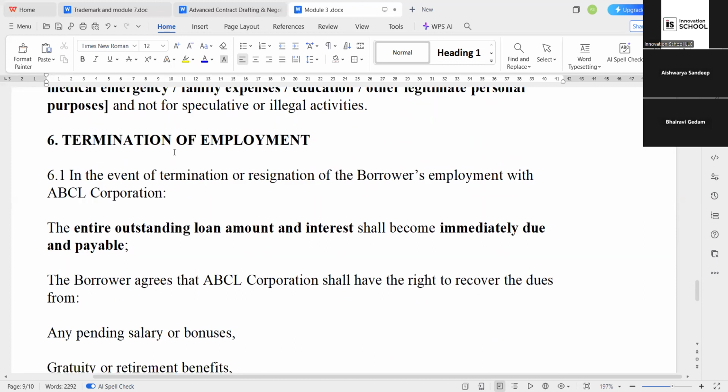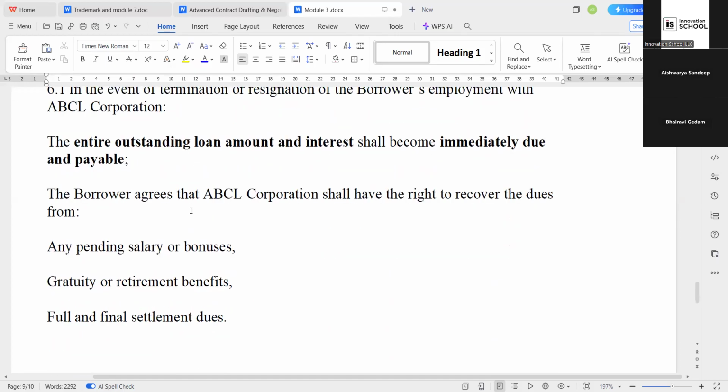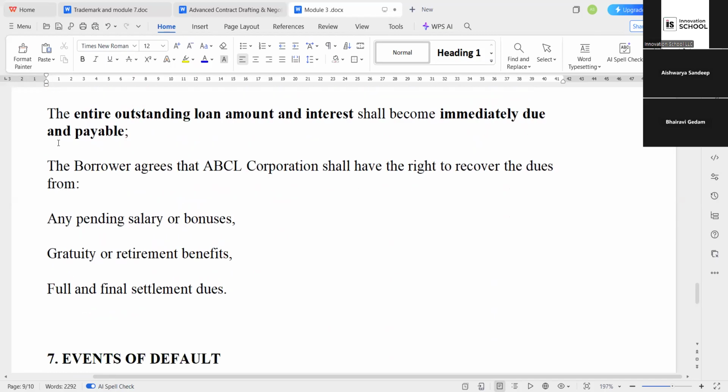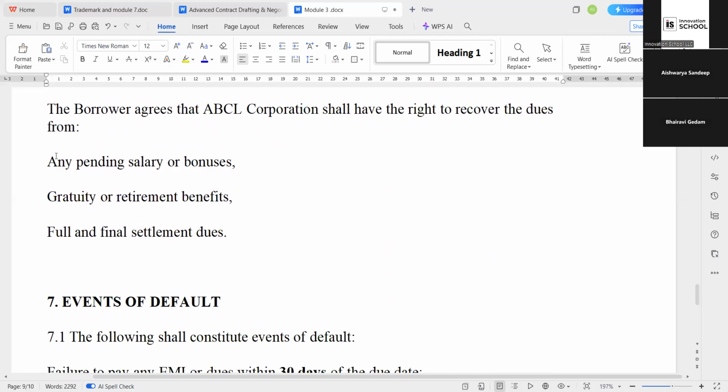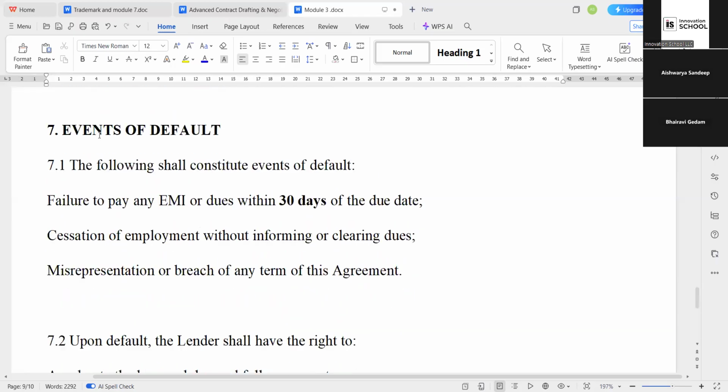What happens in case of termination? In case of termination of an employee, you will have to immediately pay the pending amount, within whatever is your notice period, and you will state that the company has the right to recover the dues from any pending salary, gratuity or retirement benefits, and final settlement dues. What happens in case of default?